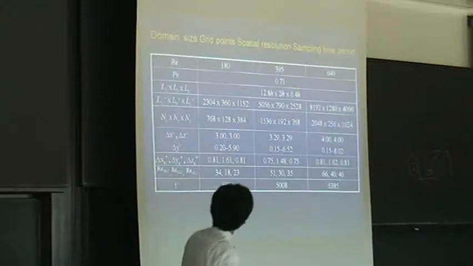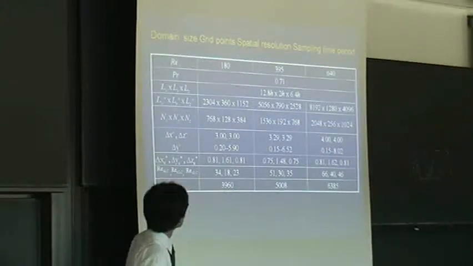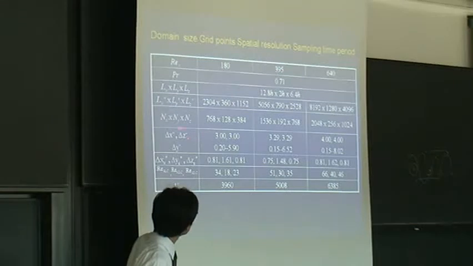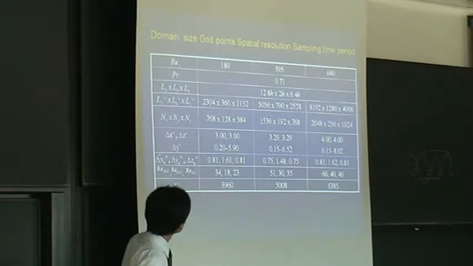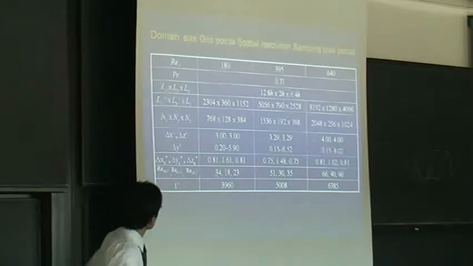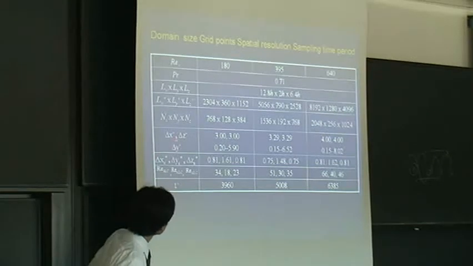And these are the computational parameters. In the present study, we have used a relatively large number of grid points to resolve the small scales. As for the spatial resolution, in the streamwise and spanwise directions the spacing is about 3 to 4 in wall units, while in the wall-normal direction it is a maximum of 8 in wall units.